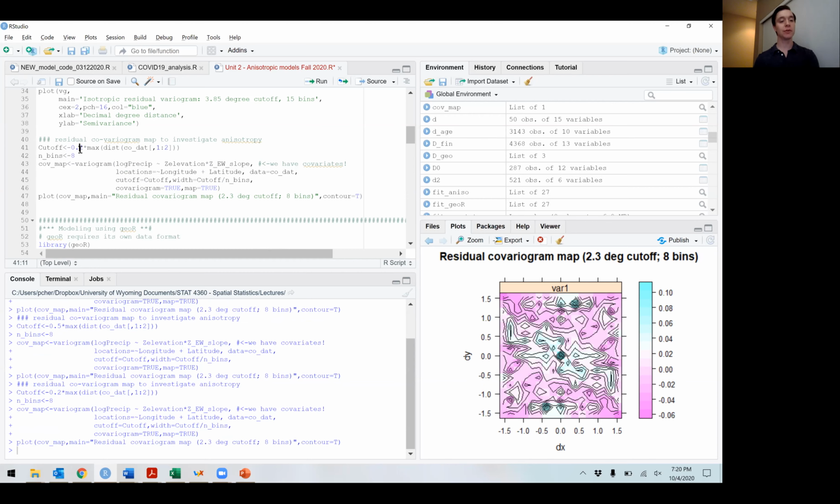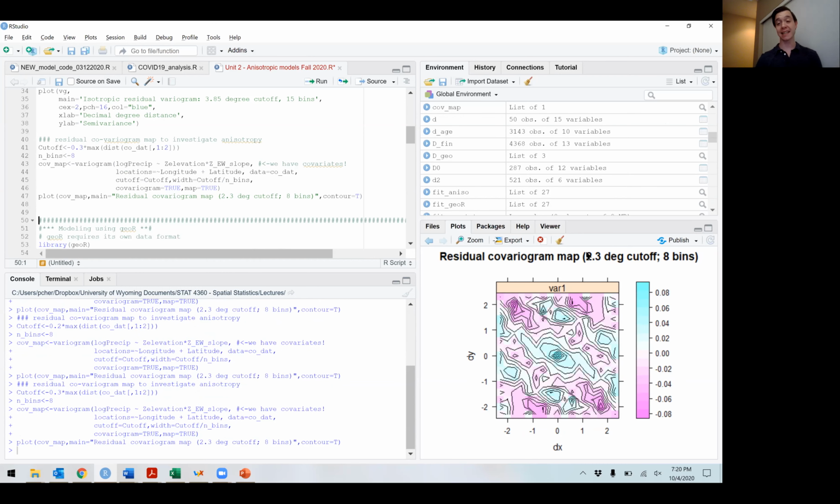And of course, to show you guys, I picked the most compelling set of cutoffs and bins to show you that clear direction of greater spatial dependence between northwest and southeast, and a lower spatial dependence between northeast and southwest. All that is exploratory.